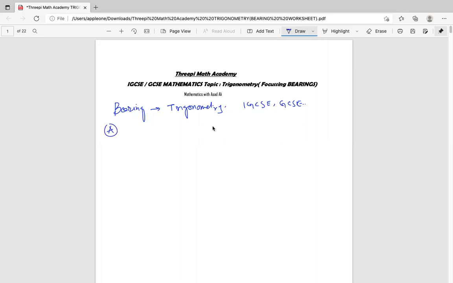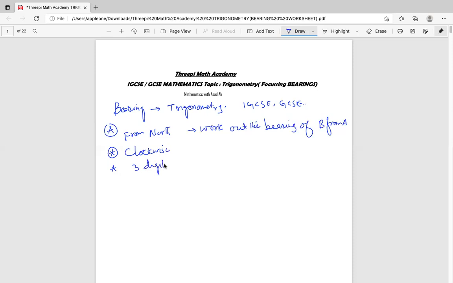First, suppose they have the question: work out the bearing of B from A. The first thing is that the bearing should always be measured from north. Second, bearing is always clockwise. Third, bearing is always 3 digits.